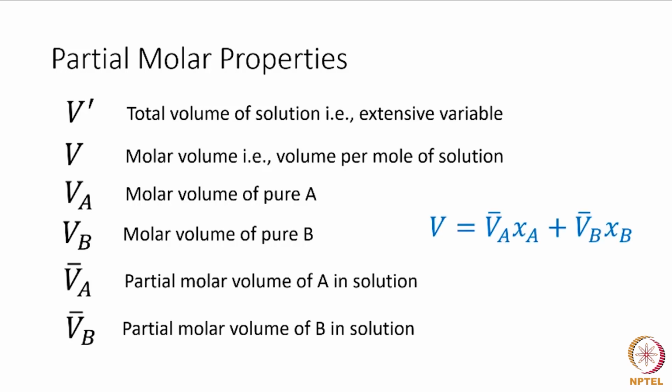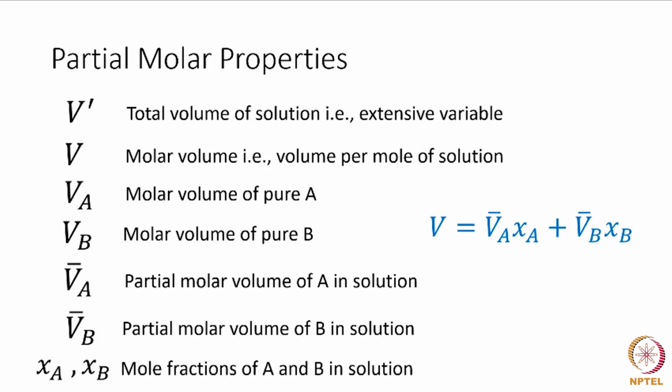And we define the molar volume as a sum given as V is equal to V bar A XA plus V bar B XB, where XA and XB are mole fractions of A and B in solution. So in using this definition, we can now see how it actually helps us in determining the volume of the solution given the individual volumes of A and B.